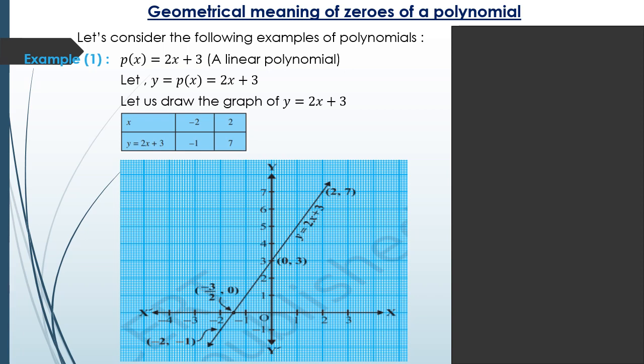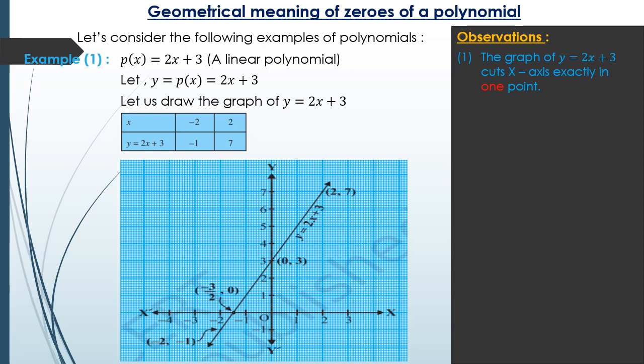Now to understand the geometrical meaning of zeros of a polynomial, we are going to write some very important observations regarding this graph and the polynomial. Okay, so let us start one by one. Our first observation: the graph of y equals 2x plus 3 cuts the x axis in exactly one point. Graph means straight line only, getting it?